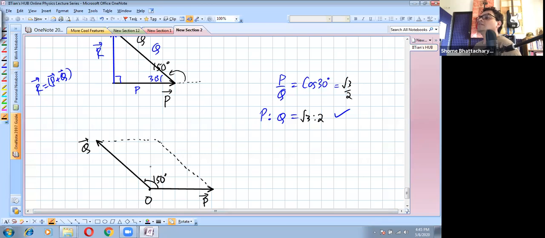the resultant sum, which is this particular vector, that resultant sum is automatically the sum of P and Q. So that resultant sum should be at 90 degrees. This is P plus Q. So again you can see that this is the same as this side.